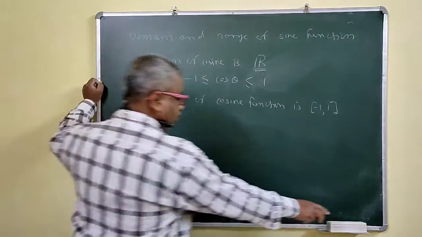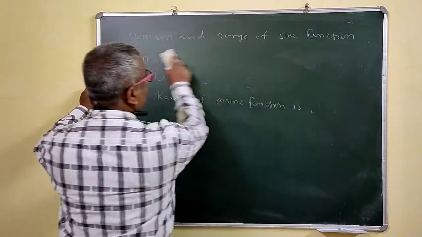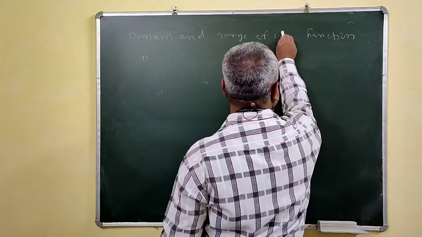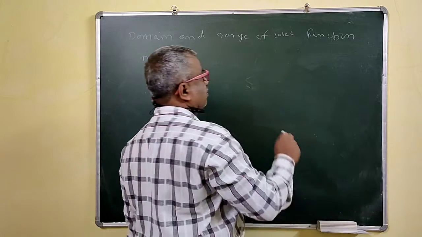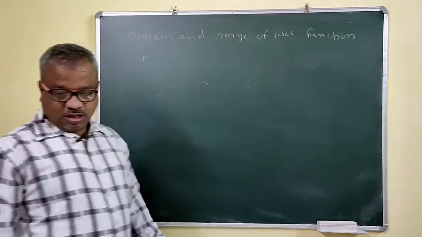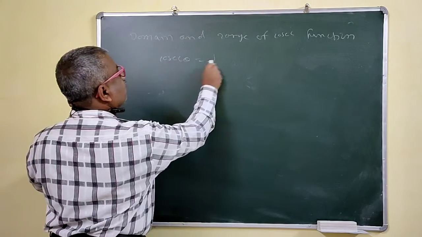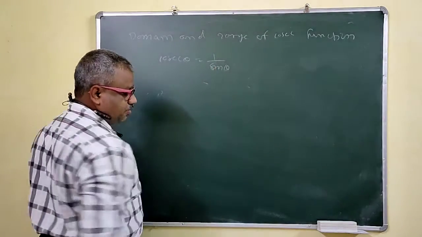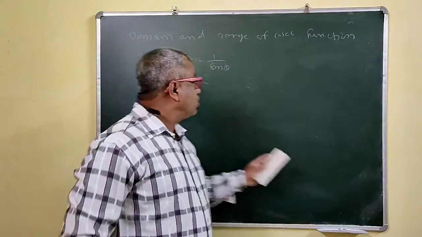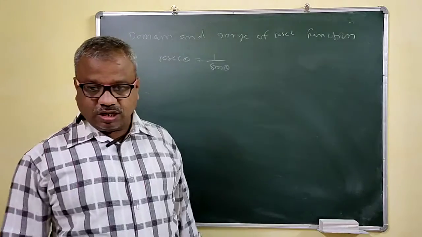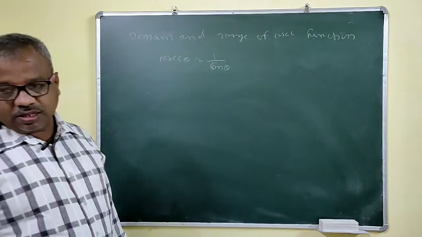Okay. Now we will find the range and domain of the cosec function. Now cosec theta is 1 upon sin theta. See that there is a denominator. You have to take care of the denominator.